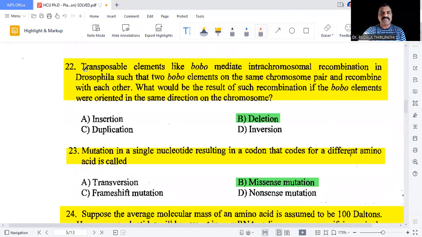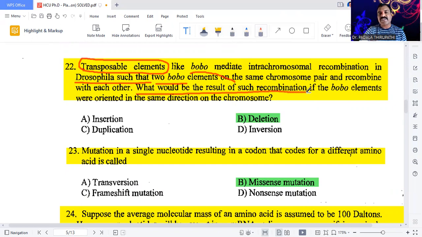And transposable elements, also called jumping genes, like bobo, mediated intrachromosomal recombination in Drosophila, such that two bobo elements in the same chromosome pair and recombine with each other. What would be the result of such recombination if the bobo elements were oriented in the same direction on the chromosome? That is deletion.